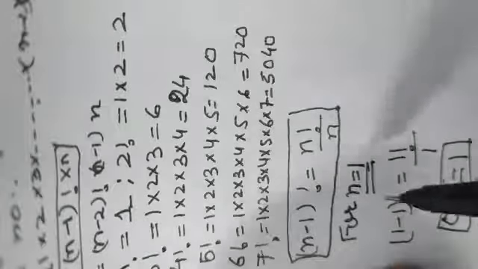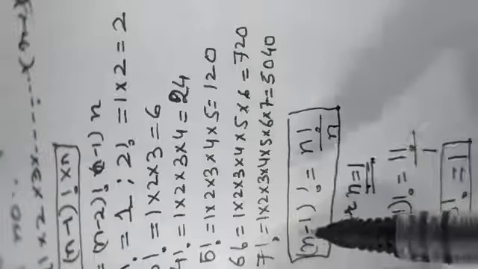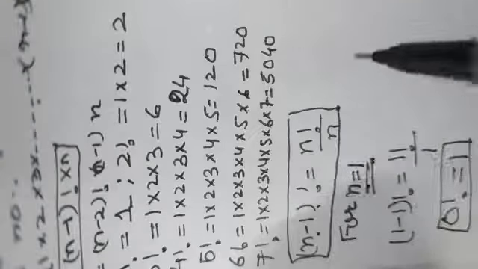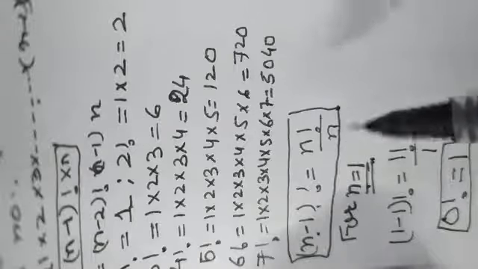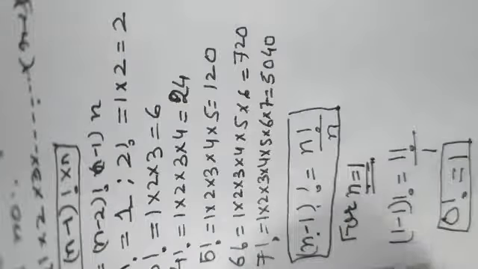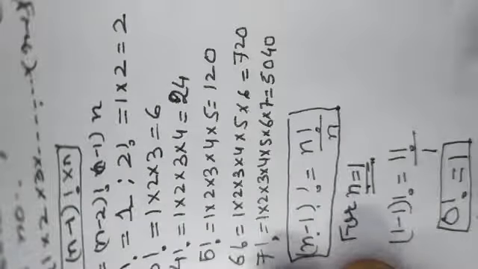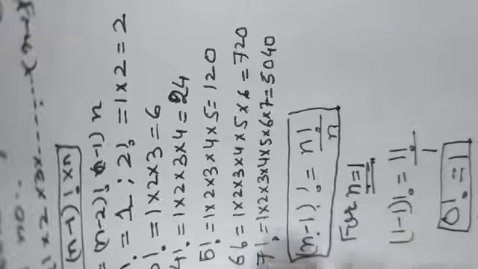Don't be confused: we put the value of n as 1, that's why I got 0 factorial. I have not put n equal to 0, that is out of the domain, because here we can put n from 1 onwards, any natural number, but I can't put 0. So 0 is the only number which is not natural, but its factorial is defined. I hope I am clear with this concept.